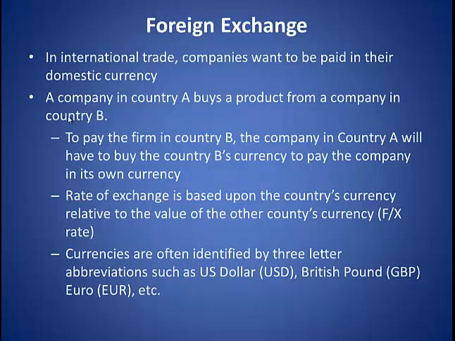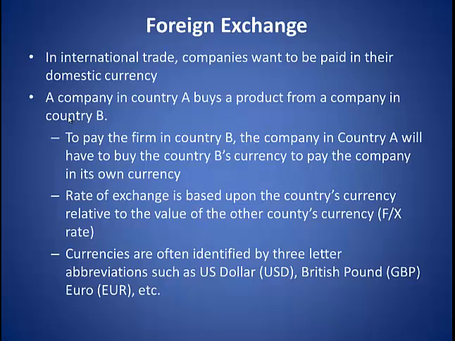Now, here's kind of the process, how this works. Let's assume a company in country A buys a product from a company in country B. Remember that country B has its own currency and country A has its own currency.